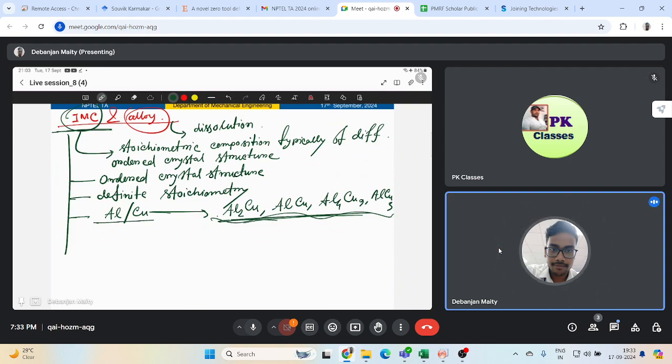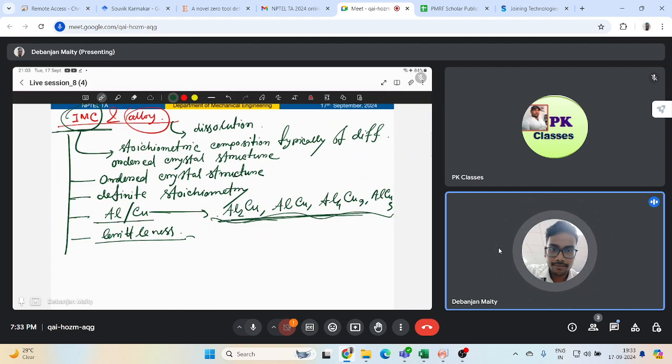All of those intermetallics have higher melting points. Next is brittleness, another important property. In a welding structure, I want to have intermetallic compounds as low as possible, because they are mostly brittle in nature. That will limit the ductility and toughness of your joint.